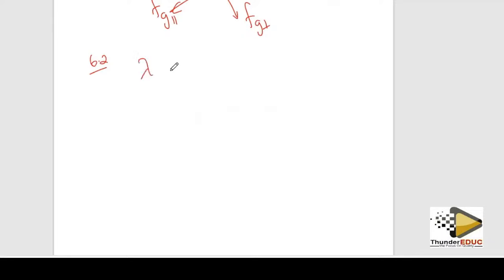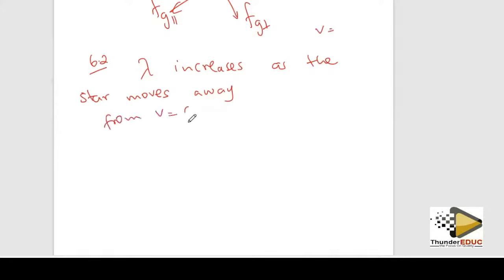In other words, the wavelength increases as the star moves away. And one thing we also know is that from v is equal to fλ, our frequency is inversely proportional to the wavelength.